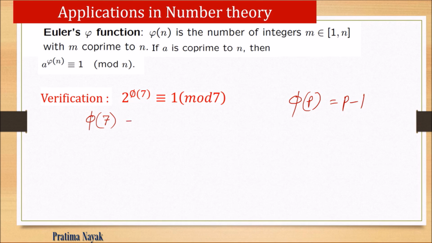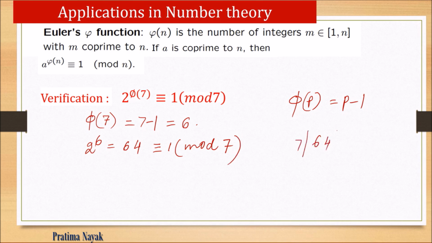So this will be 7 minus 1, 6. So 2 power 6 on the left side equals 64. Now 64 is congruent to 1 modulo 7, right? Because when 64 is divided by 7, we get remainder 1. So it is correct.